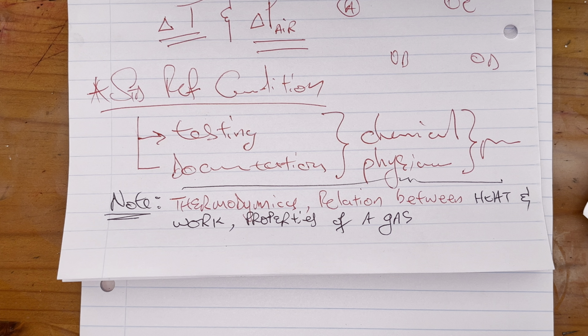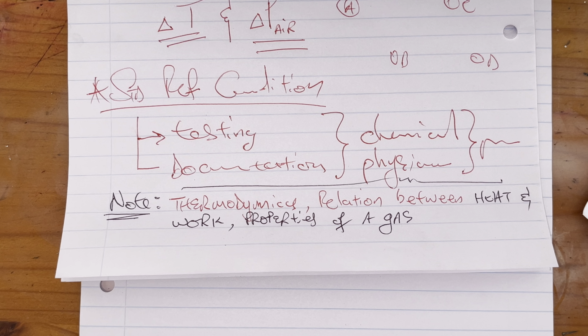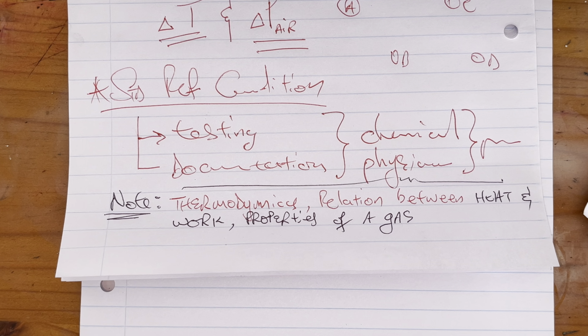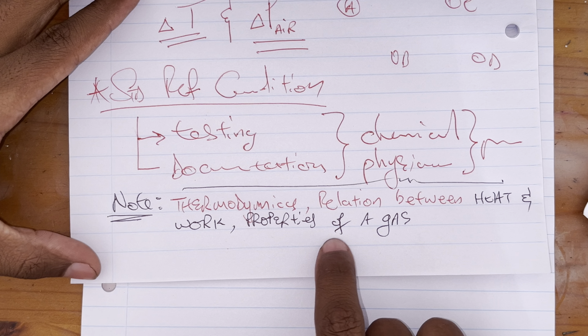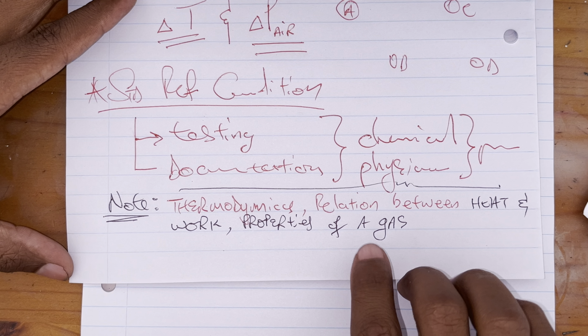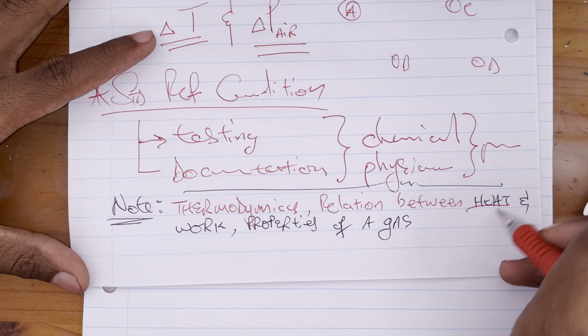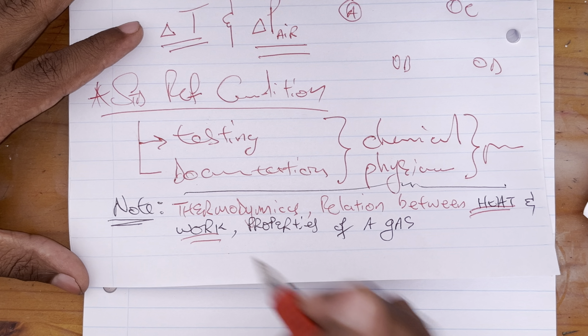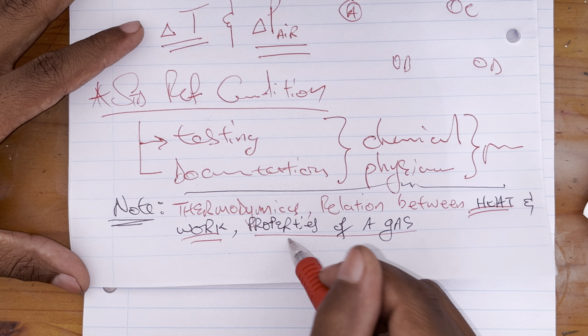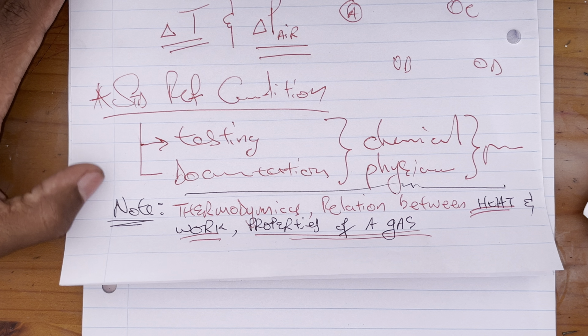So when we are talking about thermodynamics, essentially we are talking about the relation between heat, work, and the properties of a gas. When I say heat, that's one thing, work, that's another thing, and then the properties of a gas.